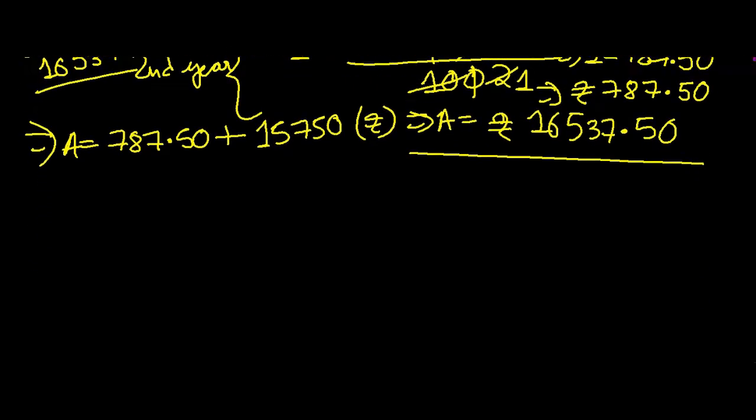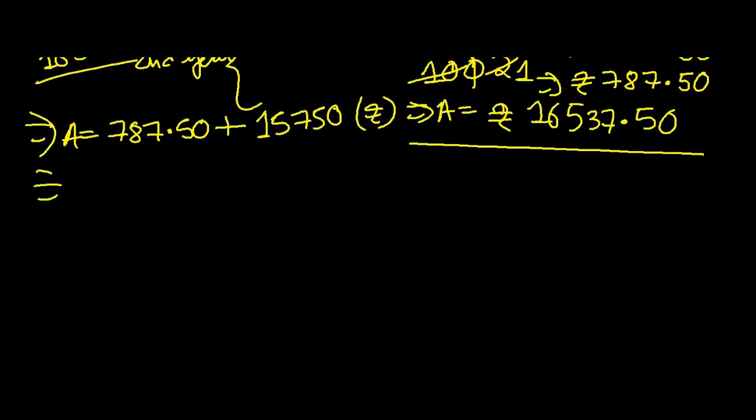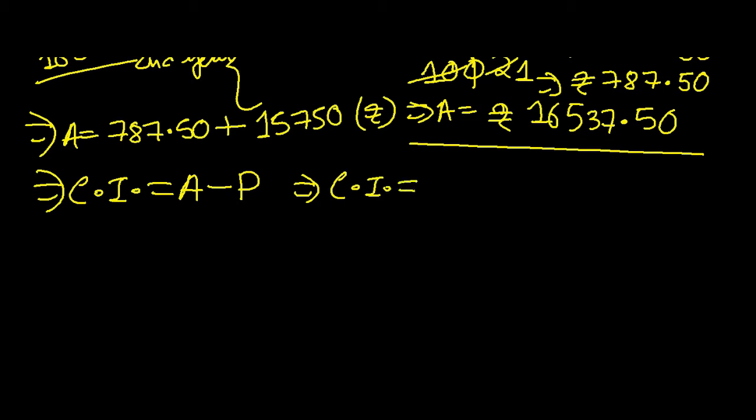So friends, the compound interest for the 2 years is CI is equal to A minus P. Compound interest is equal to amount, which is 16,537.50 rupees, minus the principal.